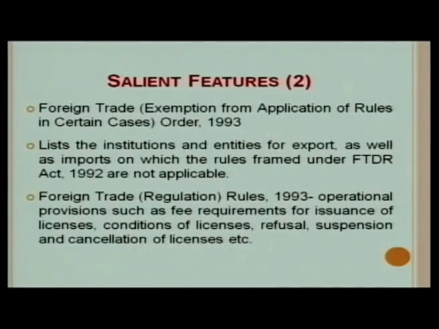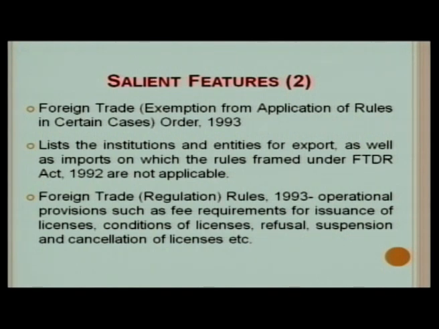If we go further, in the FTDR Act there is a provision, the Foreign Trade (Exemption from Application of Rules in Certain Cases) Order 1993. It means that there are certain organizations which are exempted from the provisions of the FTDR rules. It lists the institutions and entities for export as well as imports on which the rules under the FTDR Act 1992 are not applicable.